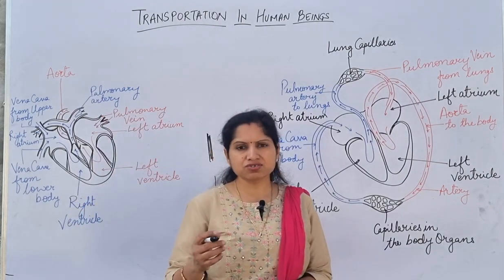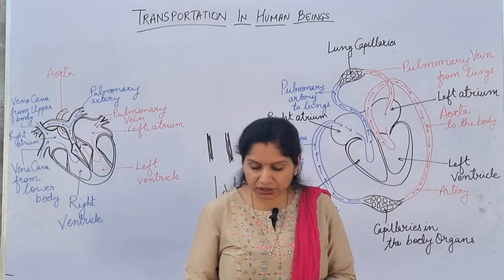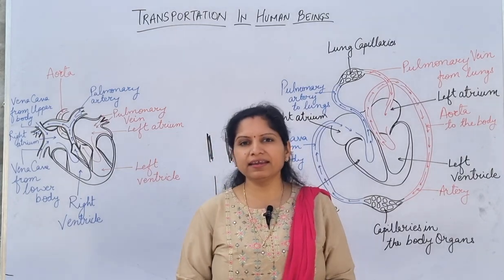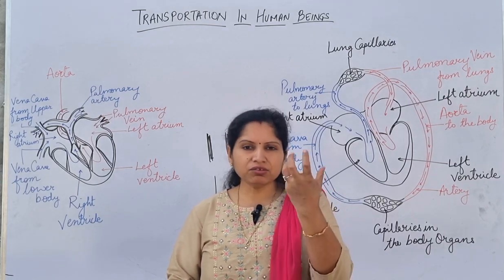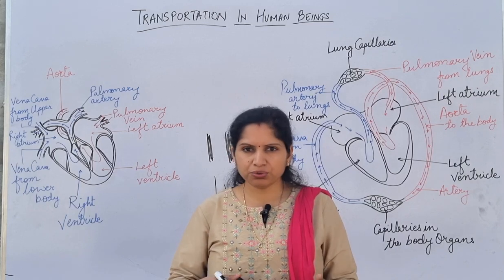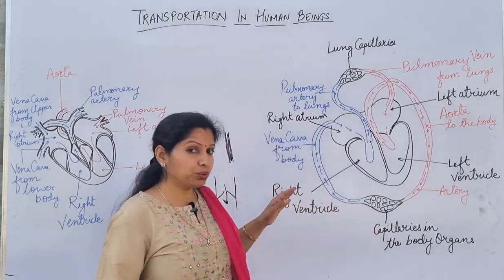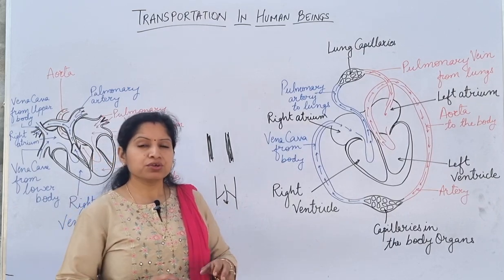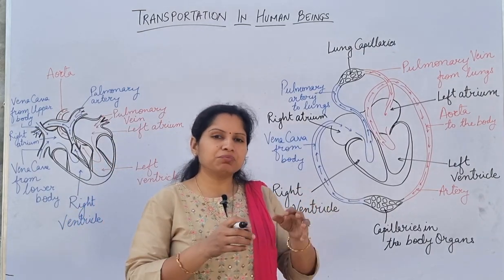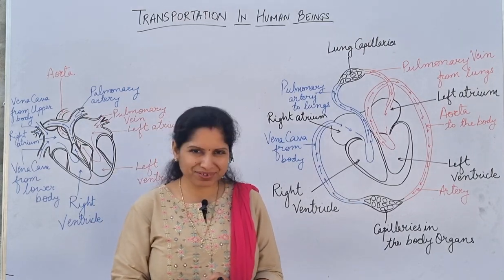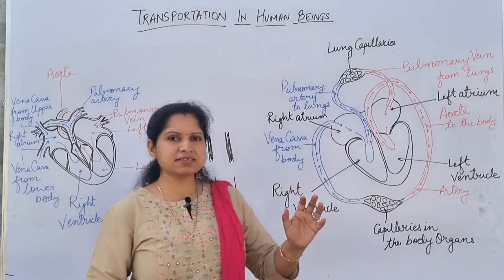For example, if we consider the veins that are bringing the blood from the legs towards the heart, the blood has to be carried anti-gravity, and the gravity will be pulling the blood downwards. So at every time the blood will be trying to go in the downward direction, but that will be prevented by the valves present in the veins. So the valves are present in the veins that prevent the blood from going in the backward direction. Okay, so that is about arteries and veins.